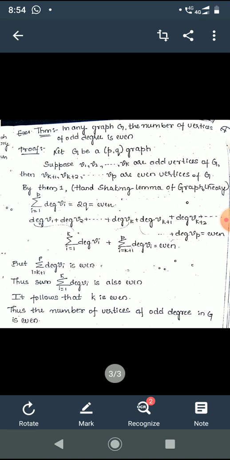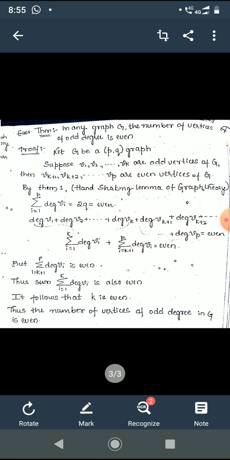So degree of V1 plus degree of V2 and so on up to degree of Vk, plus degree of Vk plus 1, and so on up to degree of Vp, is even. First add all the odd vertices and after that add all the even degree vertices. That is, the summation of degree of Vi, i equal to 1 to k, plus the summation of degree of Vi, i equal to k plus 1 to p, is even.